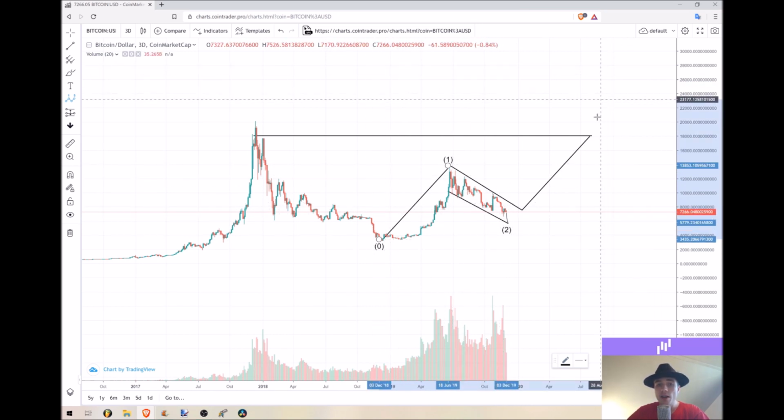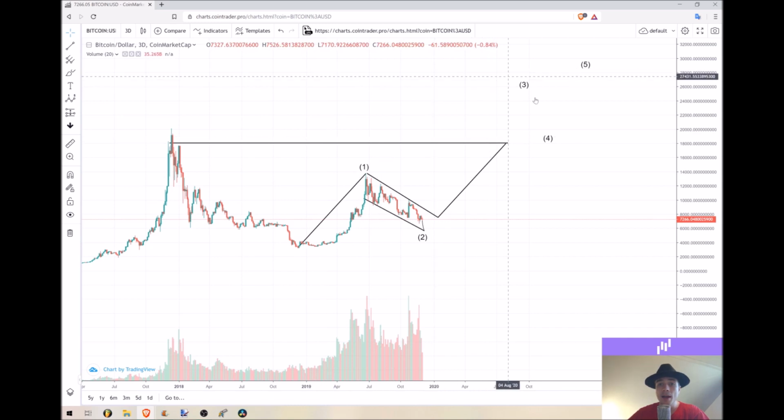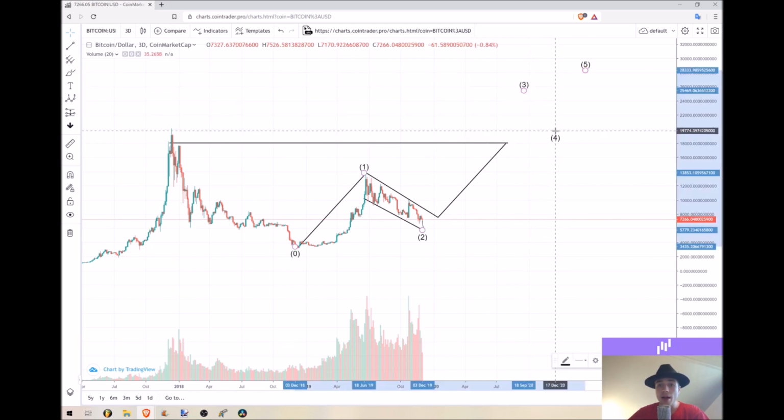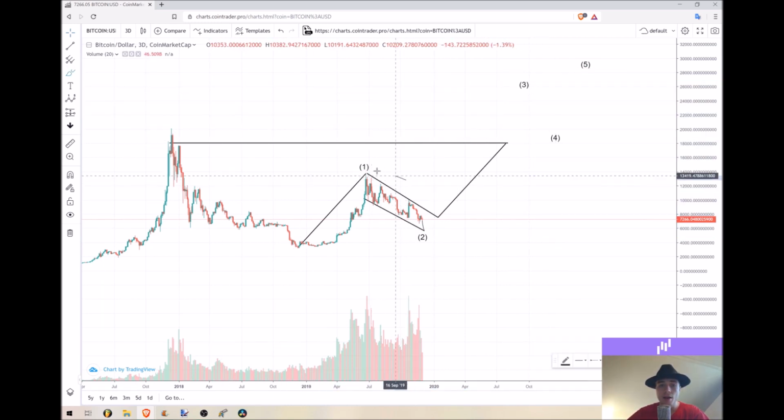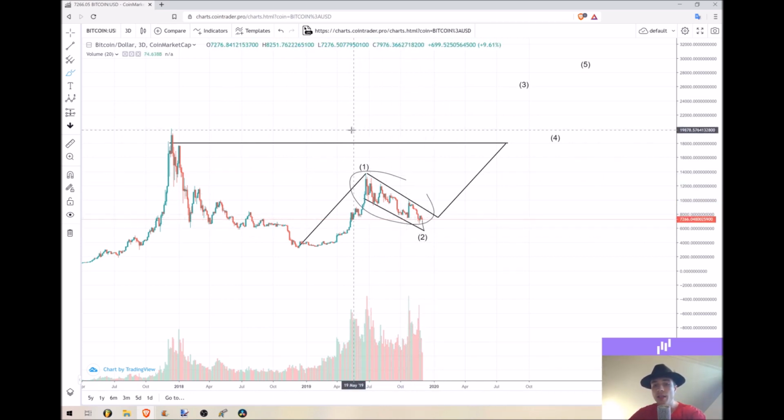So for us to get to 17,000, 18,000, yes, very likely, very probable if we get the breakout of this channel. But really, we could go quite a bit higher than that in a 3 wave here as the momentum builds up in the market before we see a correction like we saw right here from 14,000 down to the levels that we're seeing currently.